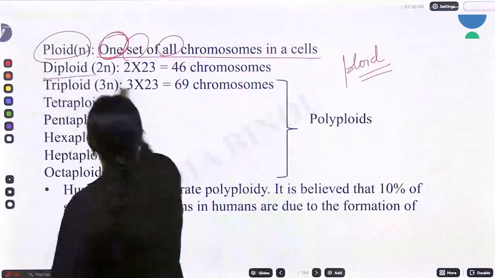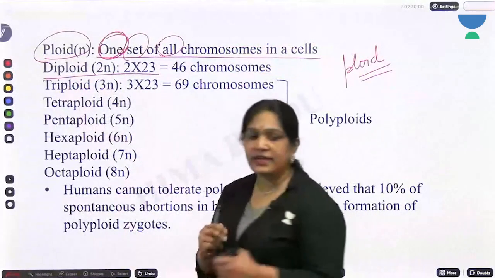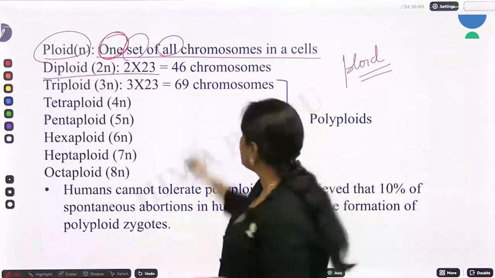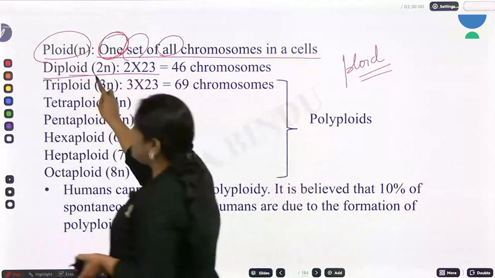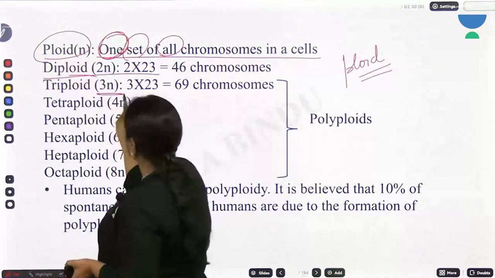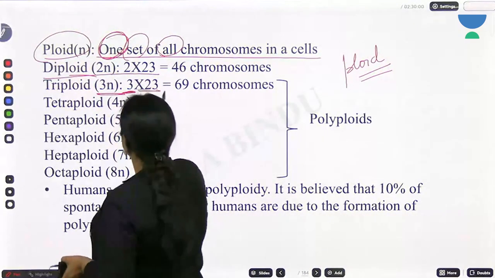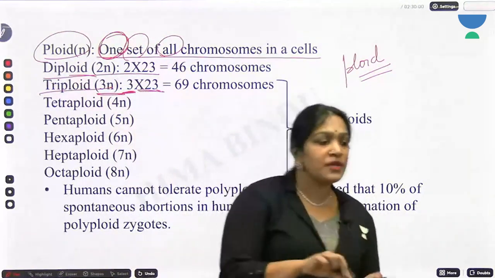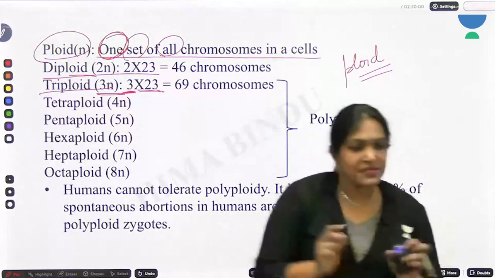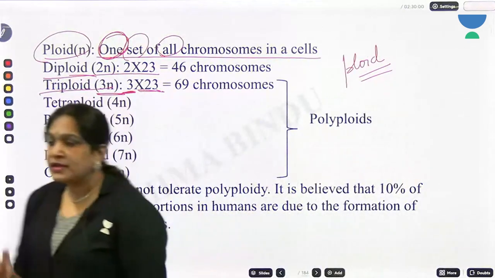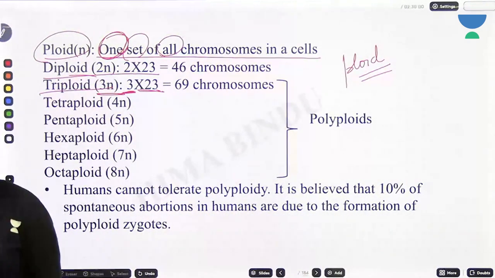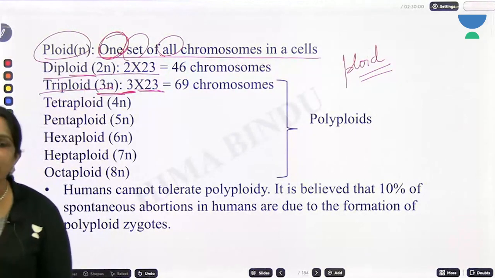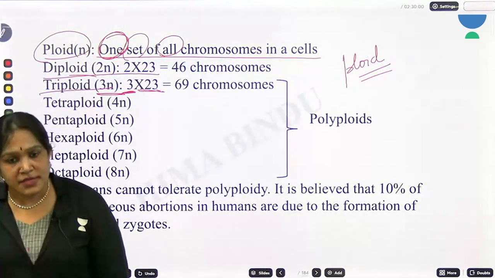So if you have 46 chromosomes, that is 23 pairs. If every chromosome is in 2 copies, we call it diploid. But if every chromosome is in 3 copies, we call it triploid, and don't confuse it with trisomy. Let me see how much you understood. In trisomy, how many chromosomes in total? Oh, very good. In triploid, how many chromosomes? 69.